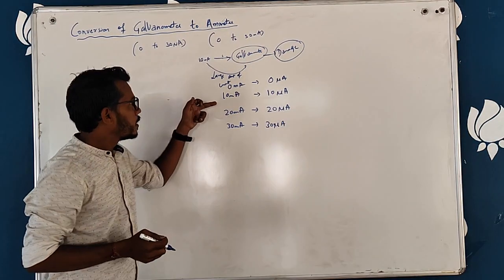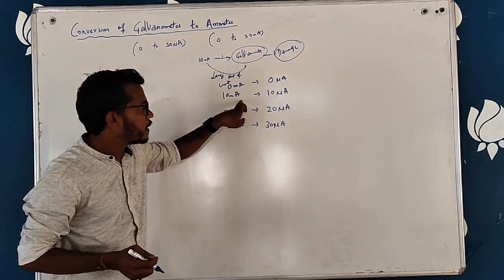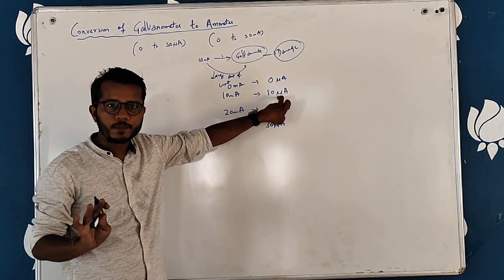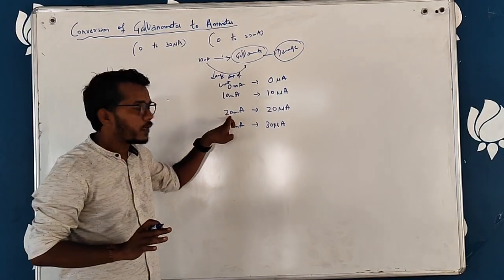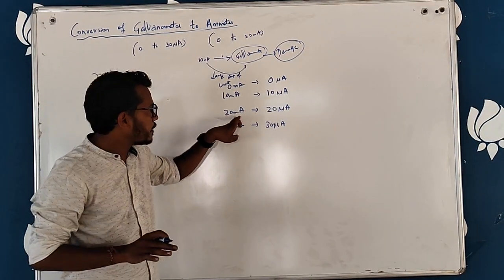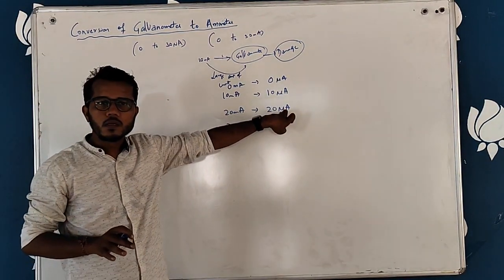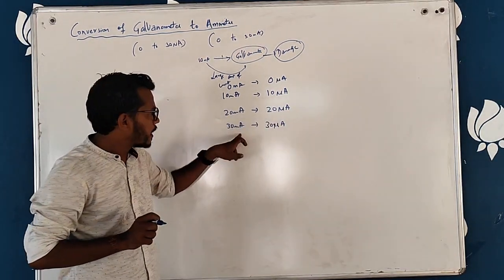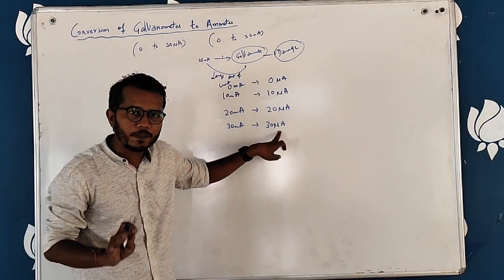So if the user supplies 10 milliampere, only 10 microampere has to go to the galvanometer, and if the user supplies 20 milliampere, the galvanometer has to get 20 microampere. Similarly, 30 milliampere into 30 microampere.